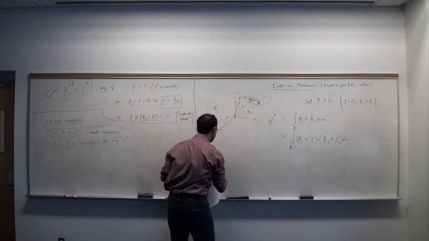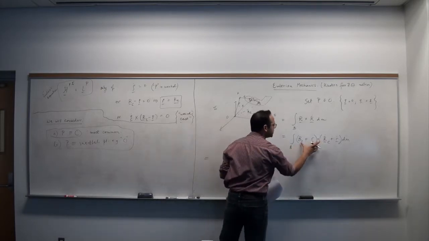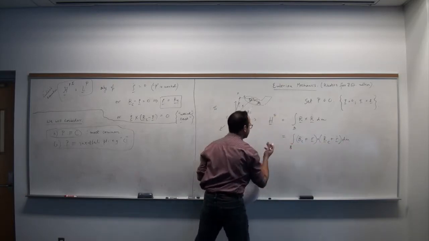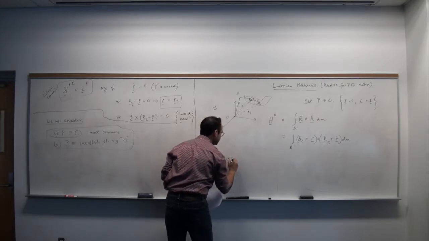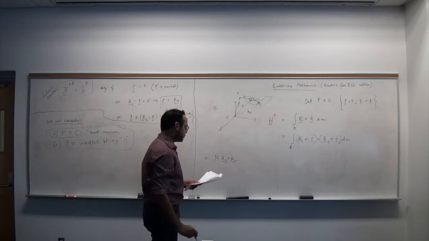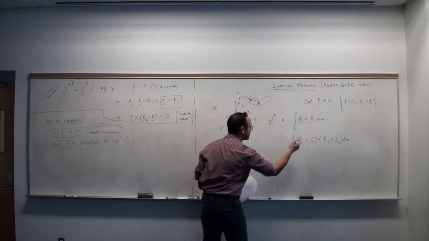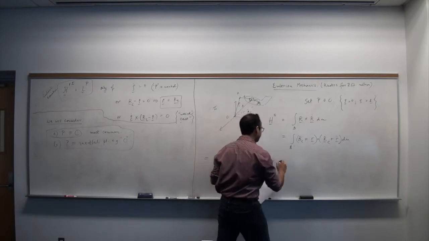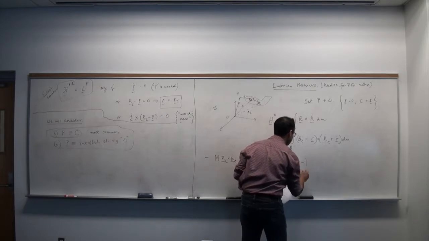So you can just pull that out, and all terms involving RC. When you consider these two, that entire product comes out and you simply get the integral over dm, and that's the total mass. Right, that's the first term, plus RC cross r dot dm, plus r cross r dot dm.